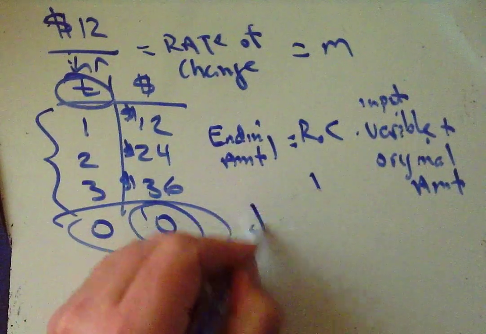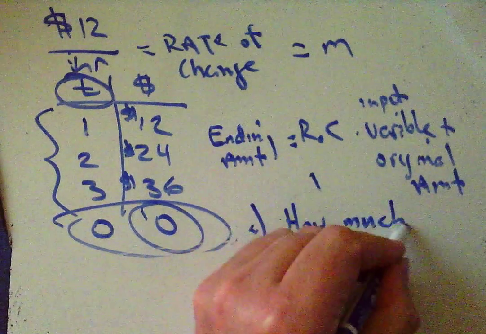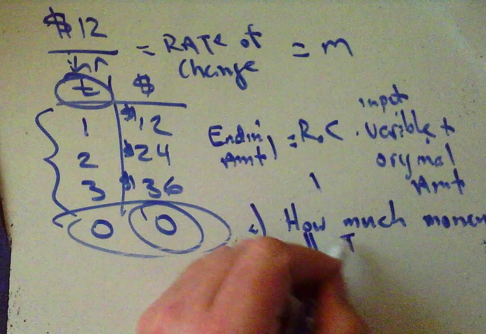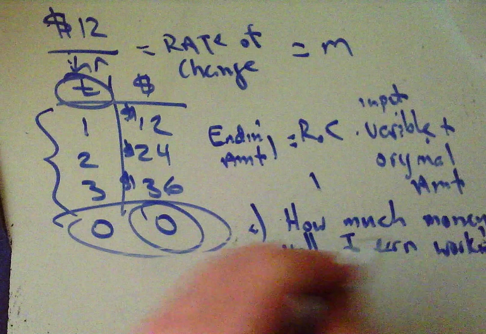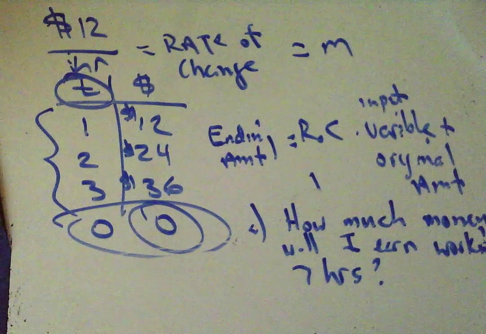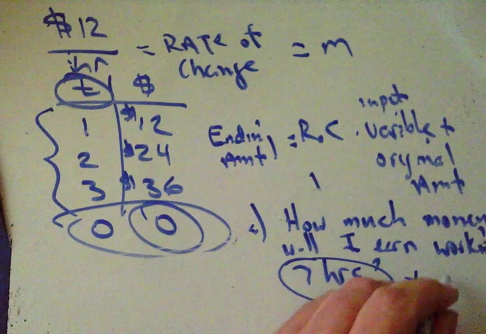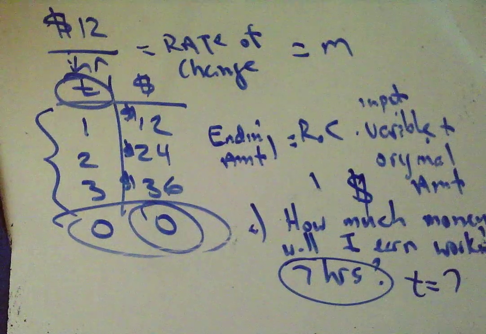So let's answer this question. A, how much money will I earn working 7 hours? Well, I know the time, t equals 7, and I'm looking for the amount of money, the revenue.